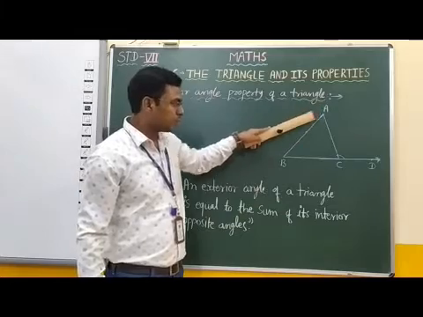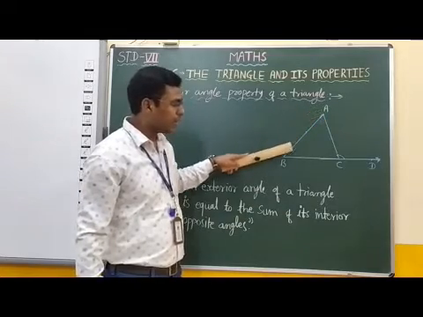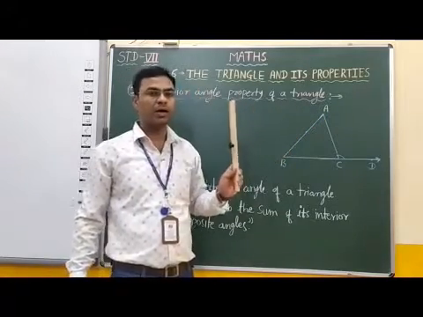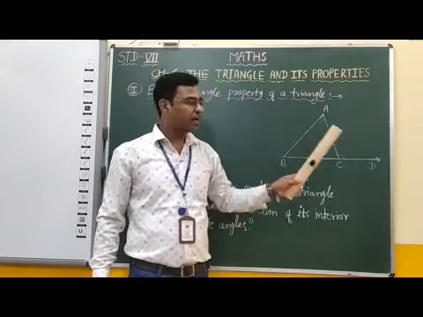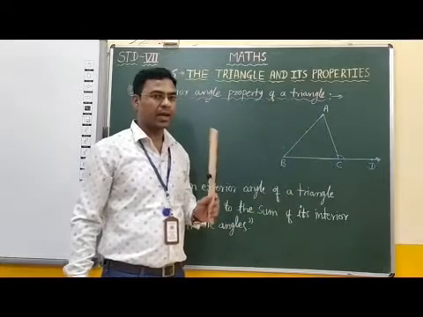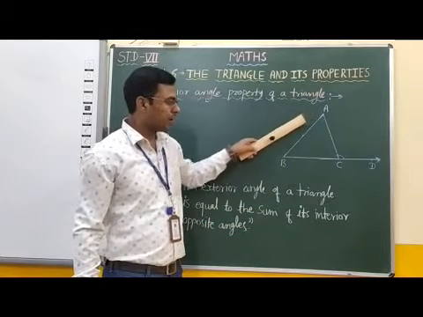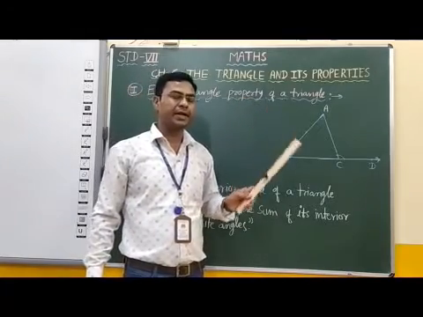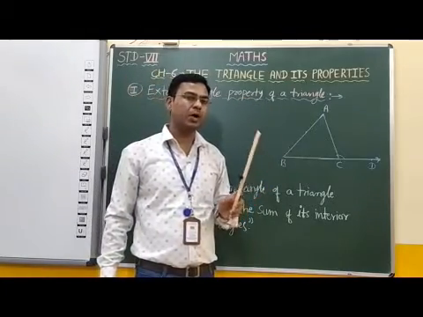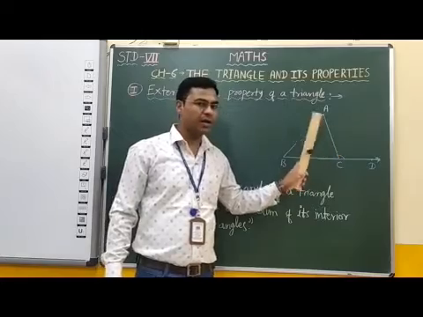But these two angles, angle A and angle B, are called interior opposite angles of the exterior angle. I repeat, angle A and angle B are called interior opposite angles of the exterior angle.